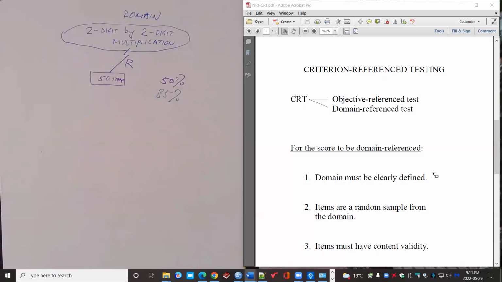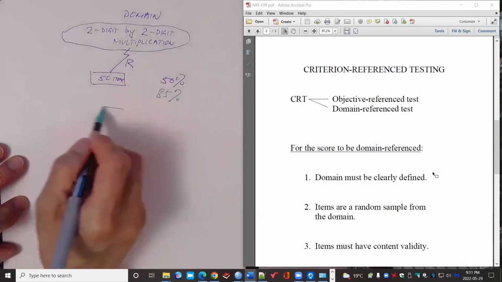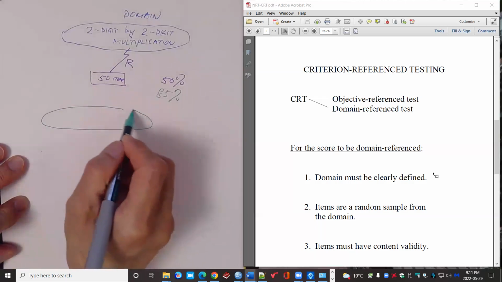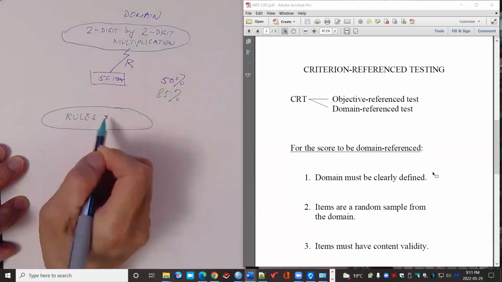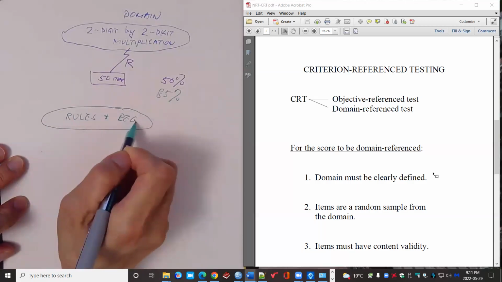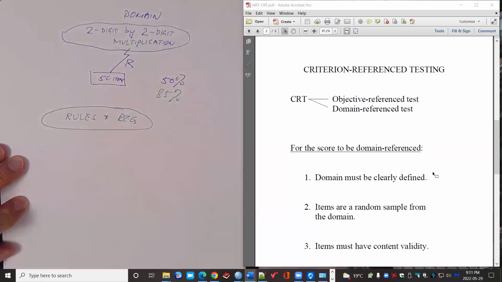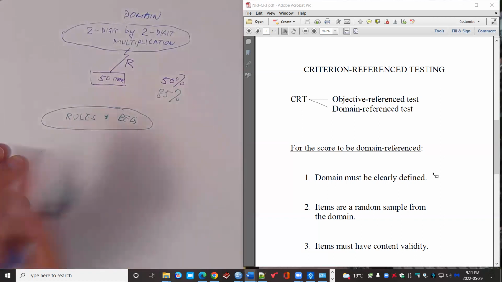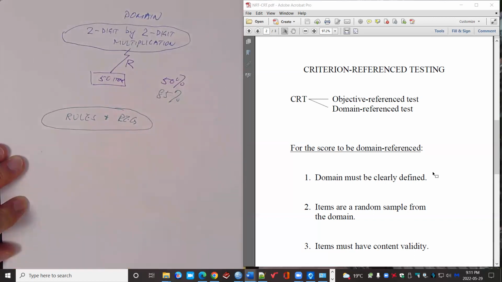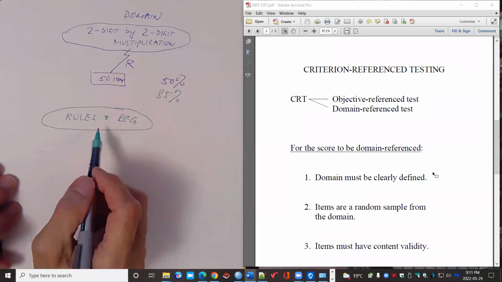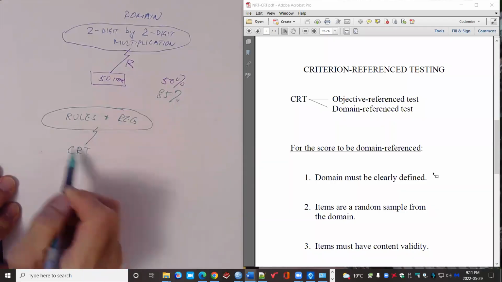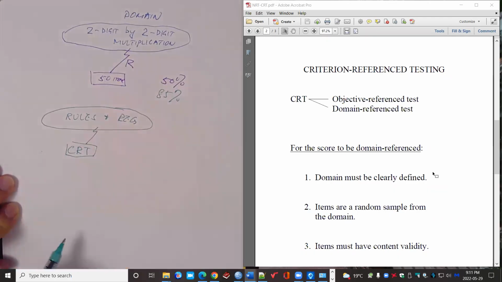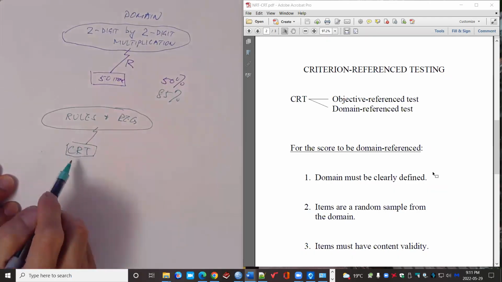Just assume 93% here. These are all the rules and regulations about driving on the road. So then they have a CRT test. That's the driver's license test.